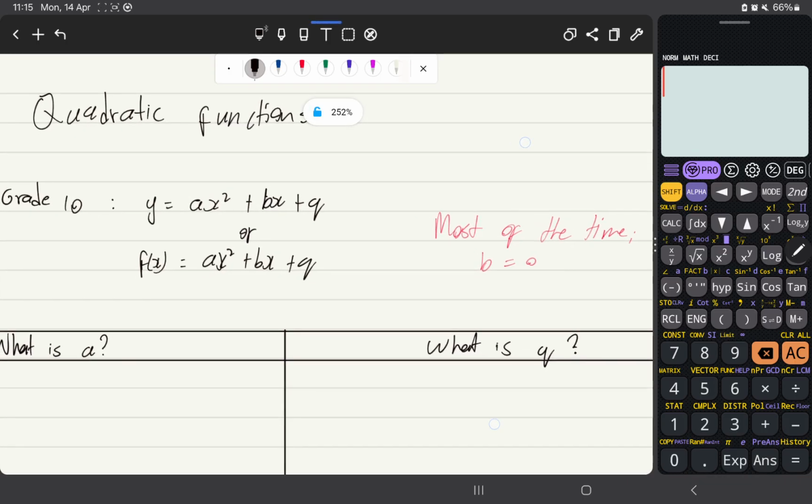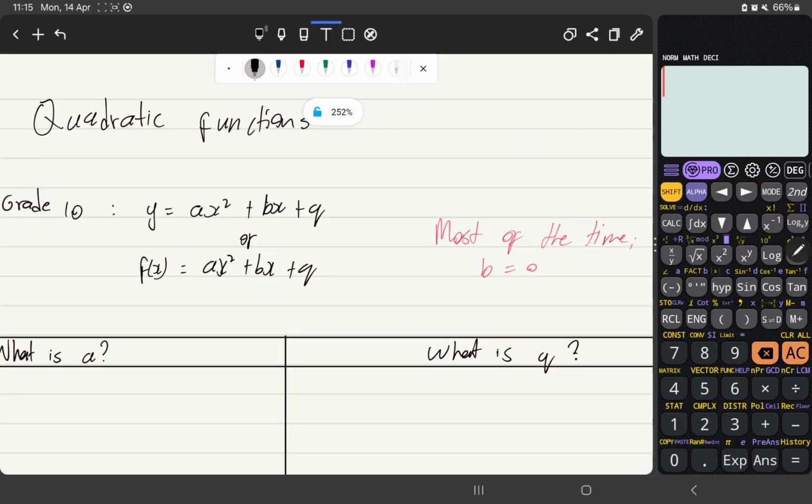Right. So in grade 10, this was the form that we knew, right? And the thing is, in most examples that you did in grade 10, you'd find out that most of them b was 0.